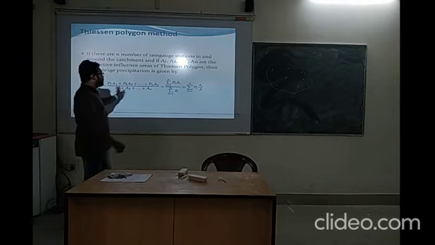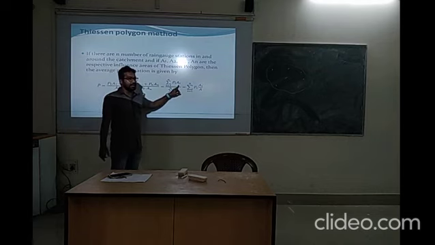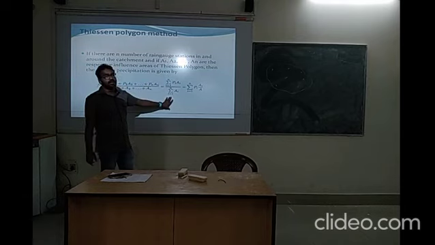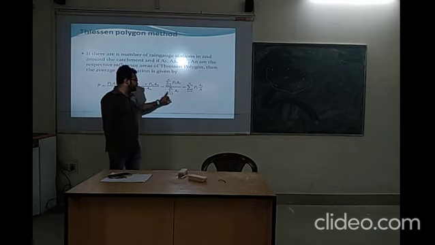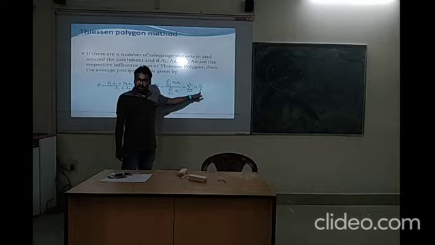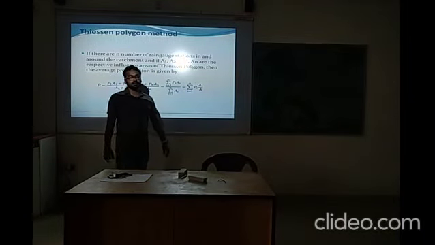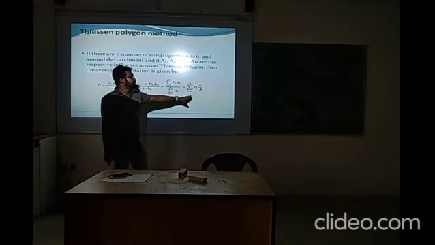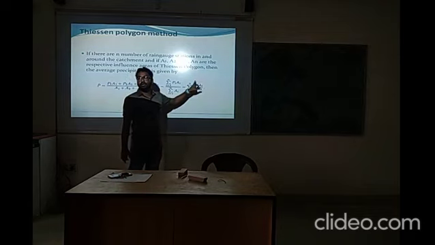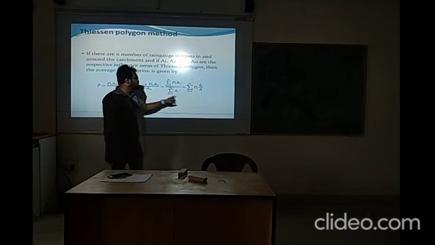If you represent this formula in this format, then it is the summation of Pi Ai, where i varies from 1 to n, divided by the summation of Ai, where i varies from 1 to n, and this is nothing but A. So it is the summation of Pi Ai by A, where i varies from 1 to n. Clear?